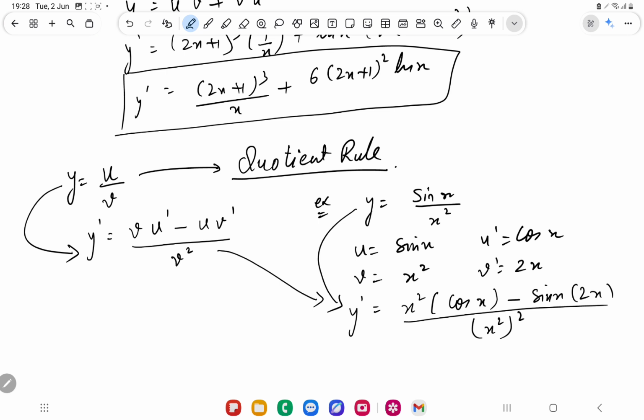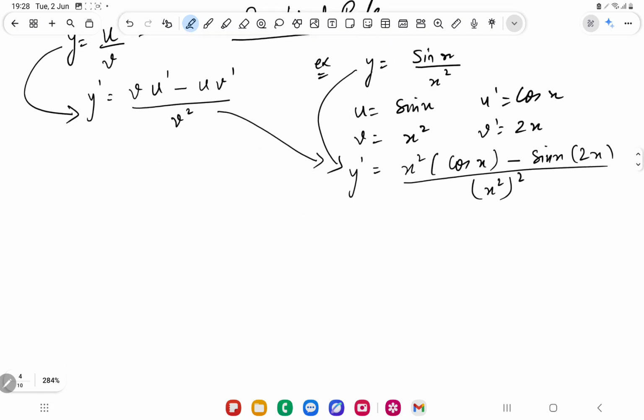Now for the quotient rule, it is not always necessary that you solve the question using the quotient rule. We can convert the division into multiplication and then use the product rule instead. Some students find it easier. For example, if I write it as sin x into x to the power minus 2, now you can assume one as u and the other as v.